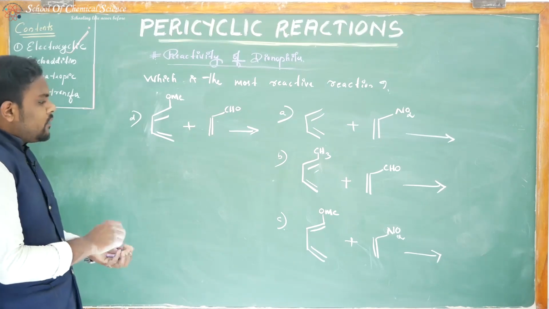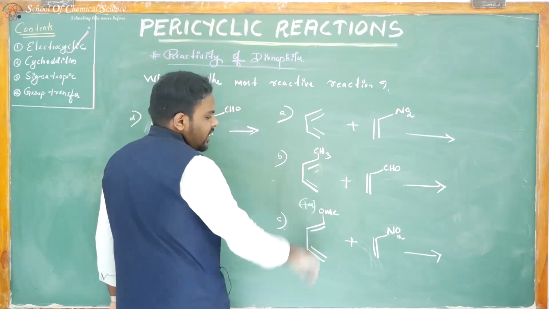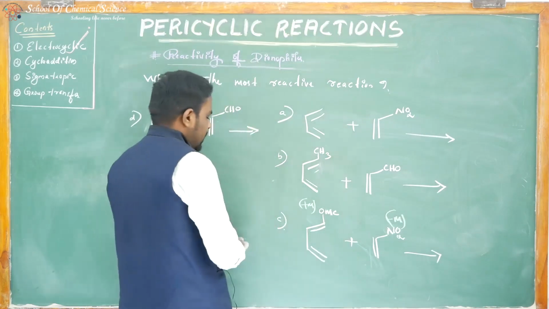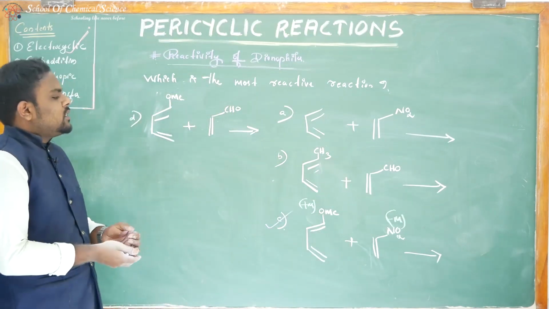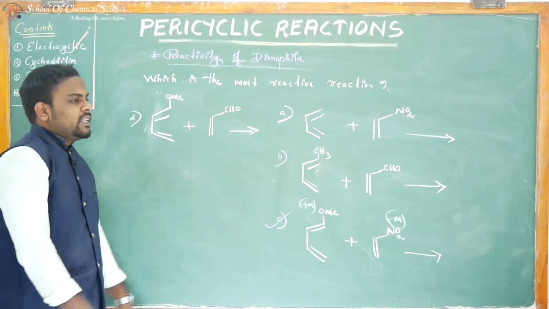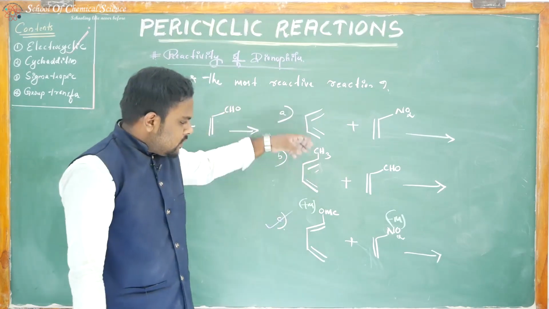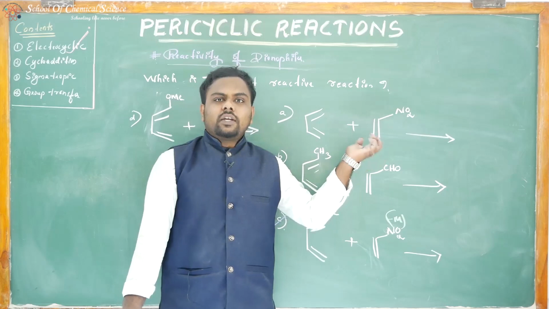Whenever you compare the effect, here plus mesomeric effect, most donating, NO2 is the most withdrawing, minus mesomeric. So definitely option C, that reaction is the most reactive reaction, or the fastest reaction, because OMe has a higher donating effect and NO2 has a higher withdrawing effect.